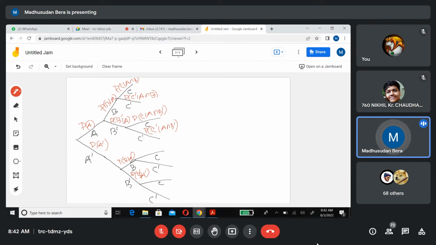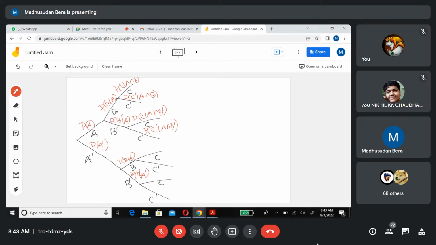Similarly, here also we will write. That way, if we draw, that thing is called a tree diagram. So writing the tree diagram is okay? Reply.